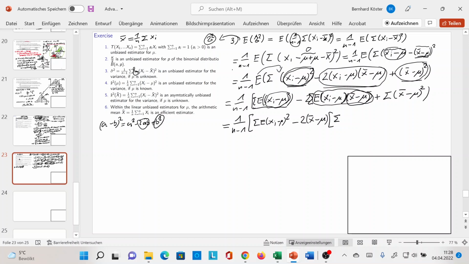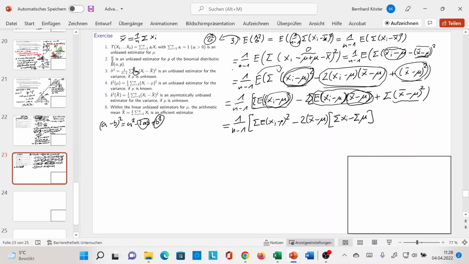So you have xi minus some mu, and this is also just a fixed number. Again, x bar minus mu squared. This is just some number. Nothing is random here.